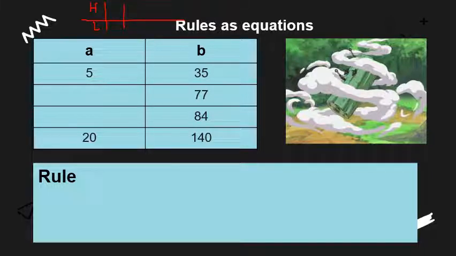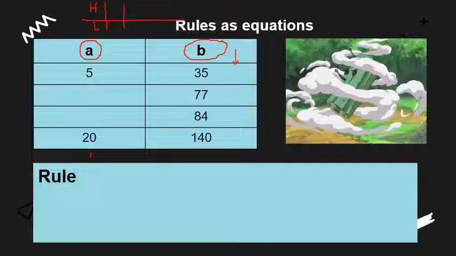And my values actually just have A and B. So it doesn't really matter what we're dealing with, as long as we've got labels for these values. They could be different things. One could be hours, one could be liters, one could be kilograms, one could be dollars. What I need to know though is these are my A values, so 5 and 20, and these are my B values, all the ones in this column here.